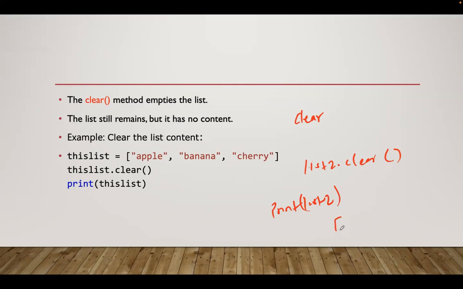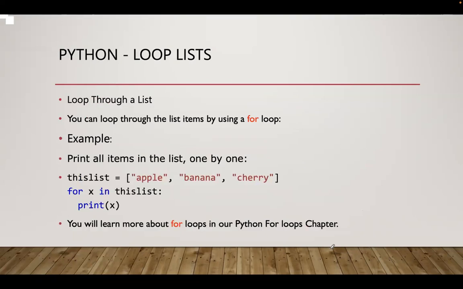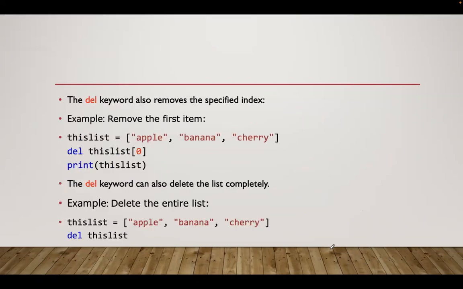It's going to give you this. That's what you have. When you clear list 2, you're going to have that because it's going to render everything in the list empty.